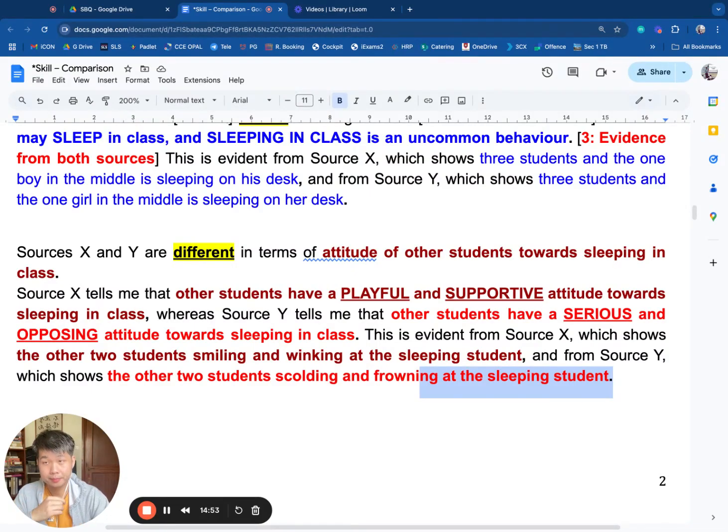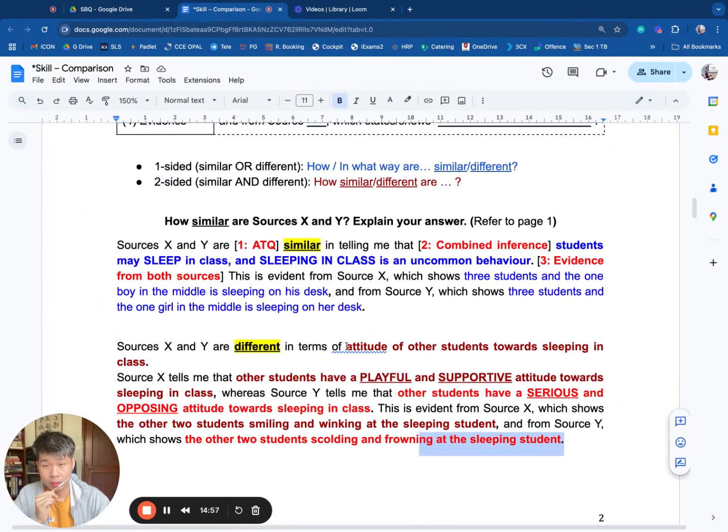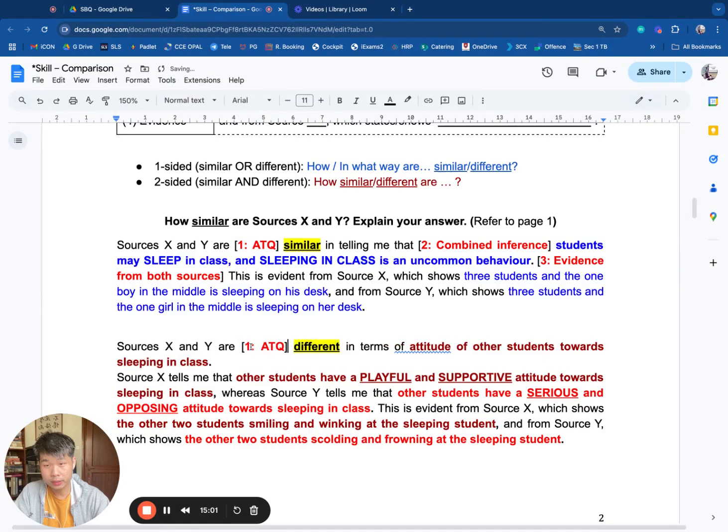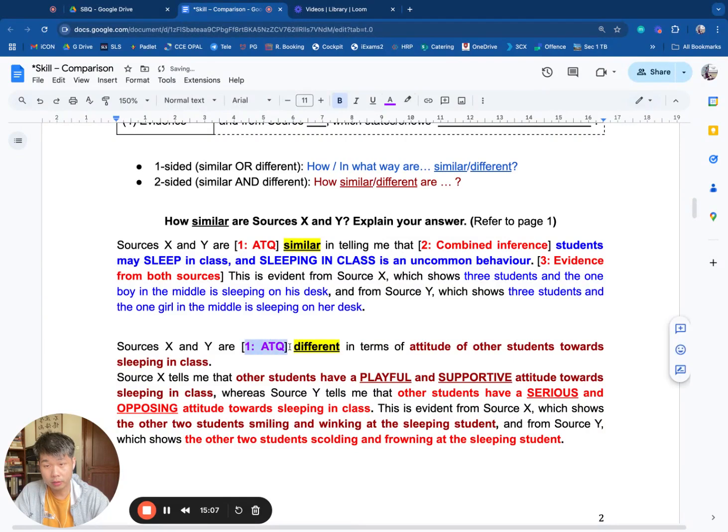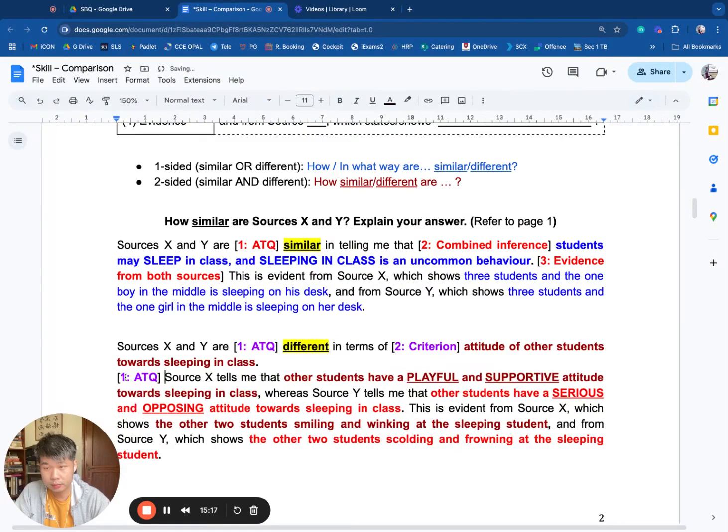And I'm going to do this with you. So the first step is ATQ. The second step is different from the similarity. The second step is criterion. The third step is contrasting inferences.